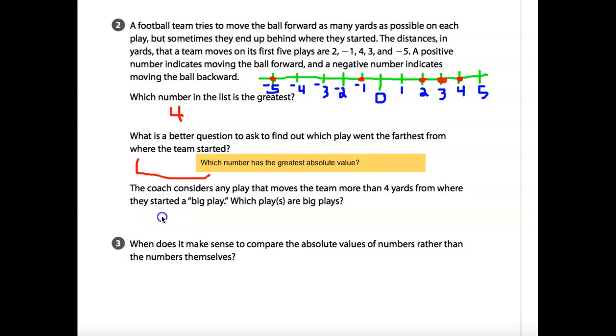Let me draw this text box. And we just talked about it.